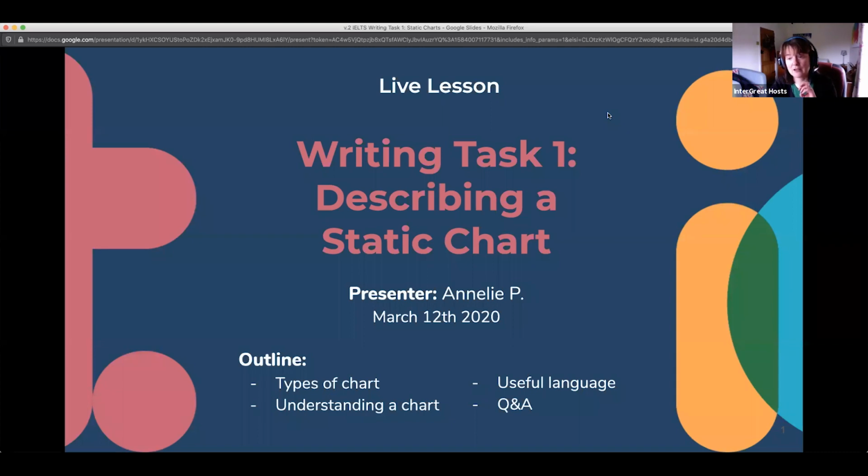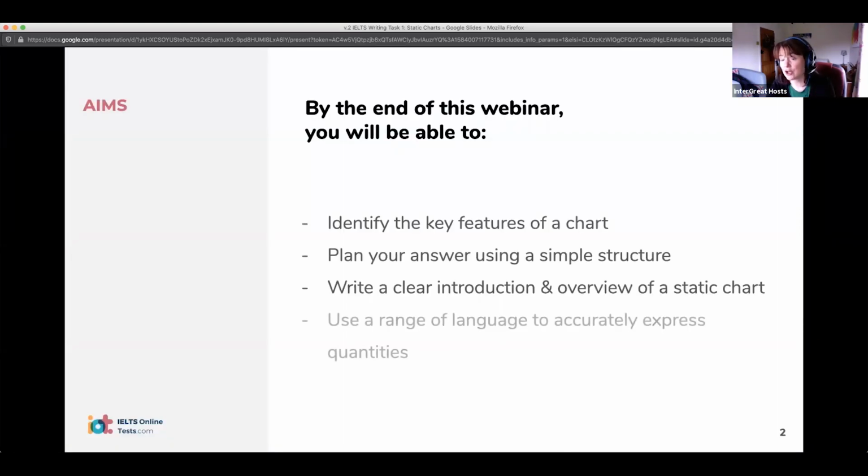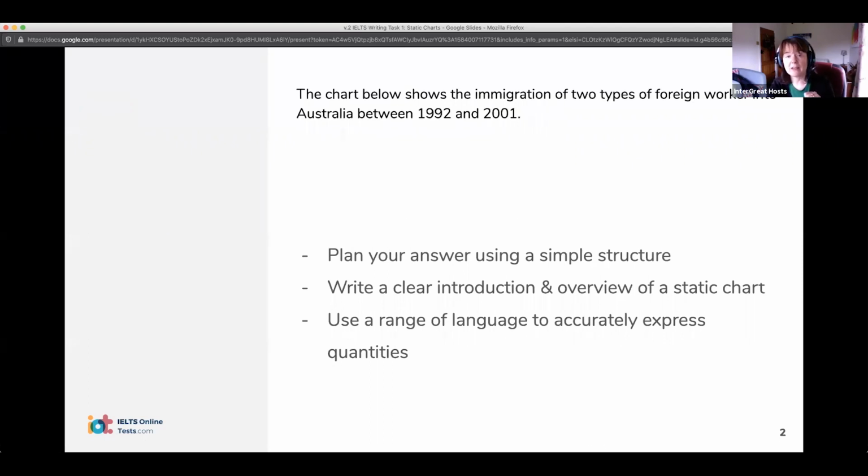We'll look at how to structure it and the kind of language you're going to use when you don't have a timeline to describe.